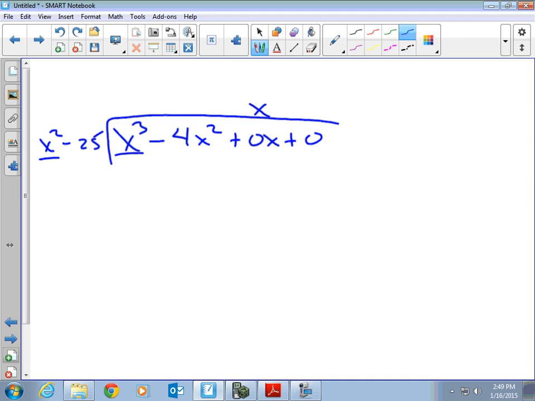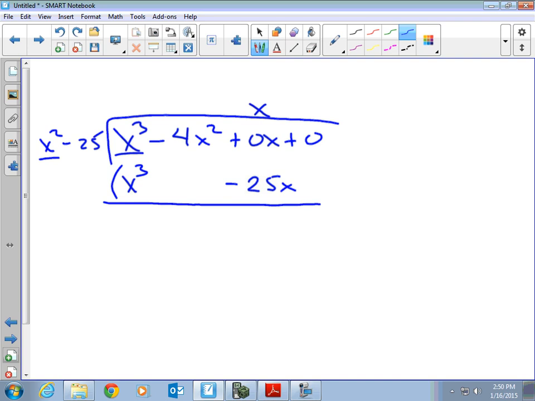Second step, multiply. I multiply x times x squared, and I multiply x times 25. Notice I lined up my like terms, x cubes under x cubes, x's underneath x's, which is why I needed that 0x so I have something to subtract from.